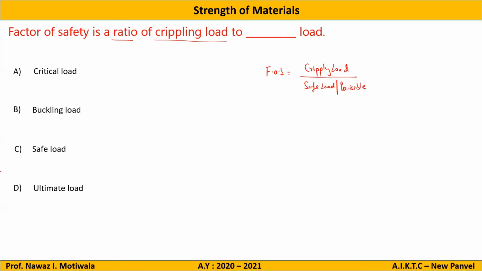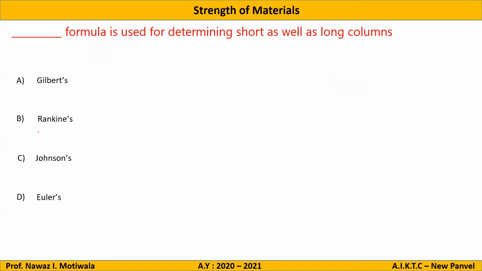So here the safe load is the answer. Next question. Dash formula is used for determining short as well as long columns, both. We have seen Euler's is used only for long columns. So for short and long, the answer is Rankine's formula. So the answer will be option B.